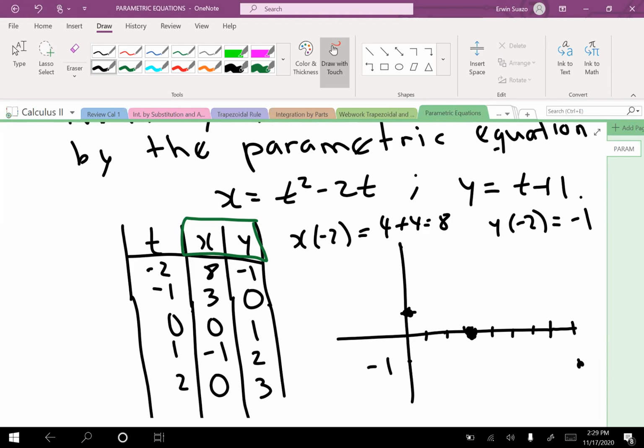The next one, x of 1 is -1 and y is 2. So put -1 over here, and 2 up here.